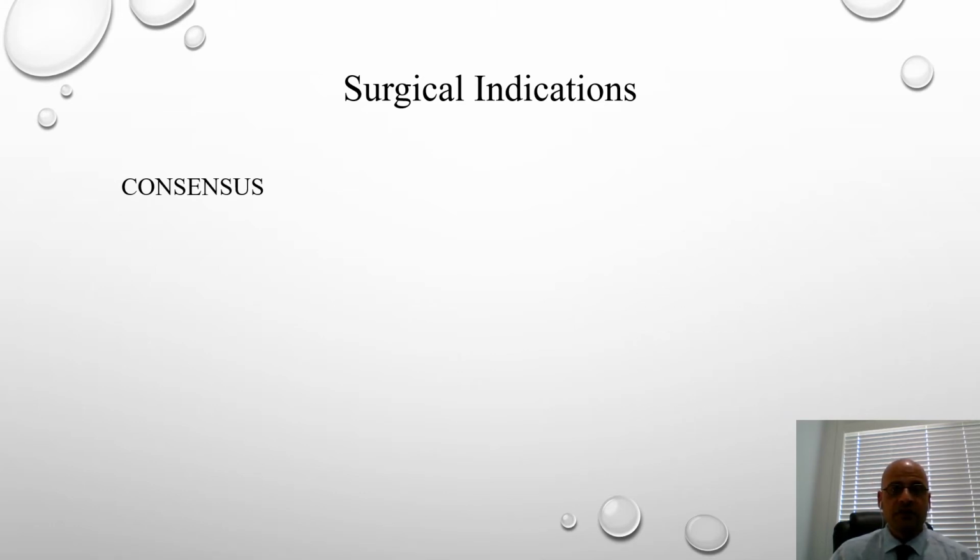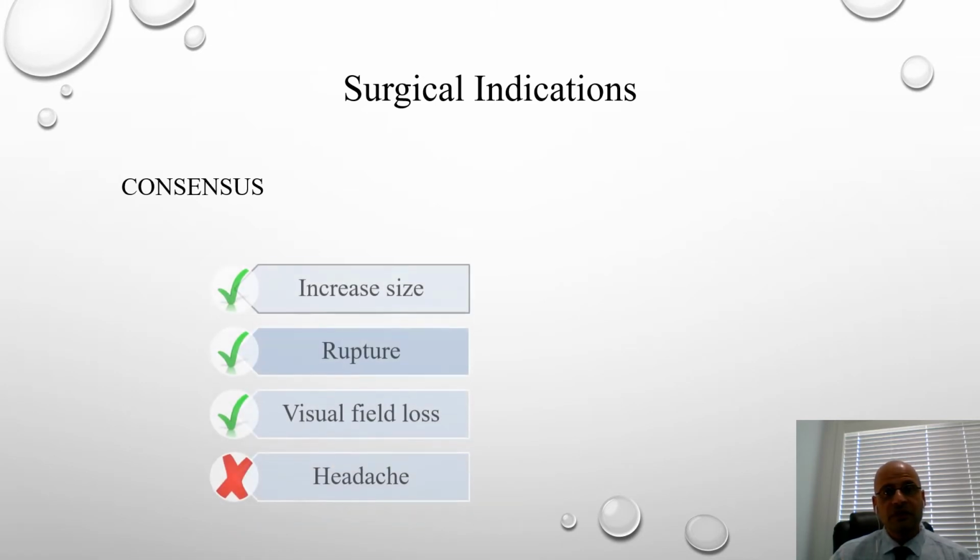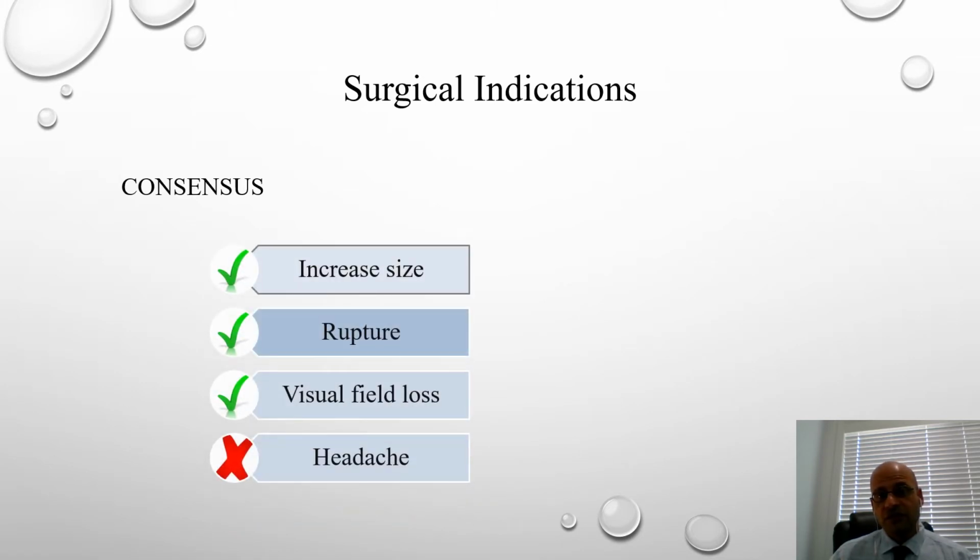We'll start with the consensus indications, and essentially an increase, by that I mean increase in the size of the cyst structure, and visual field loss of any degree. All these merit surgical decompression. Now, headache is not. 90% of the population, if you ask them, will tell you we have a headache every now and then. And if you operate for this reason, you're more likely to have unresolved symptoms.